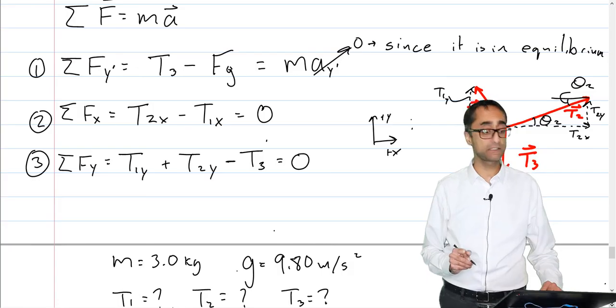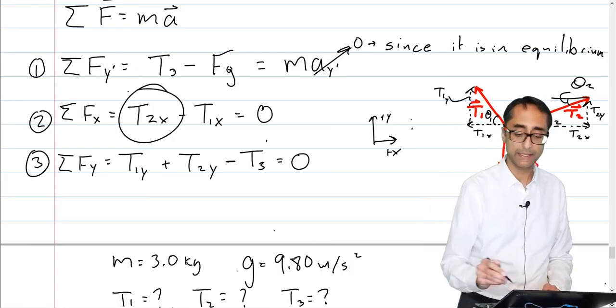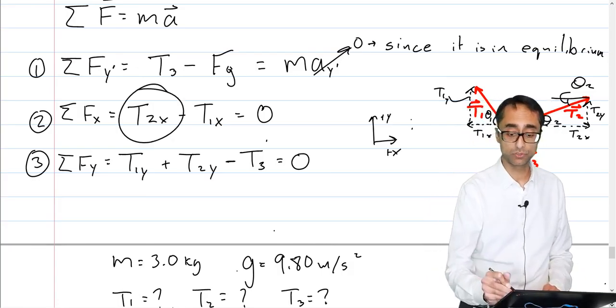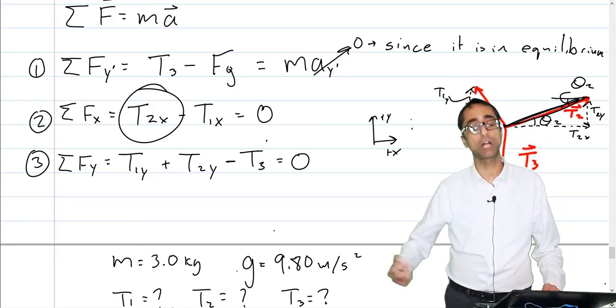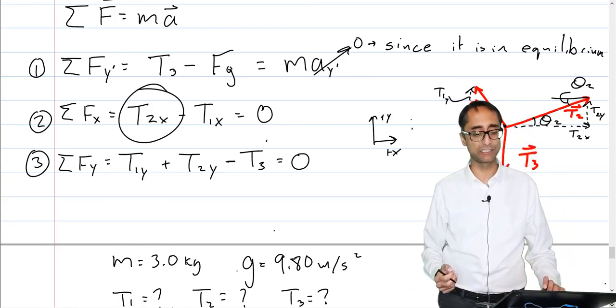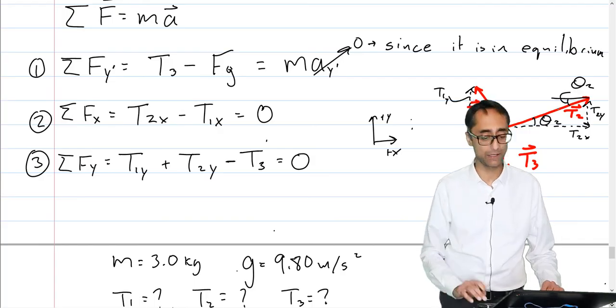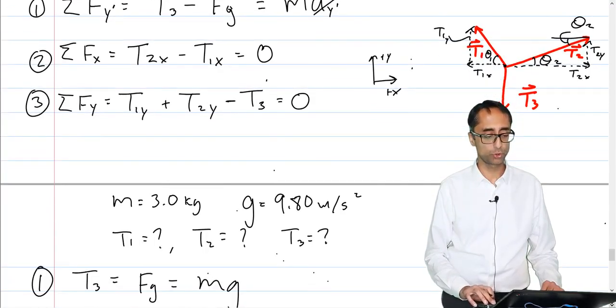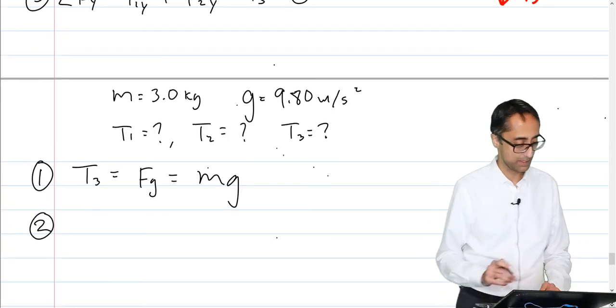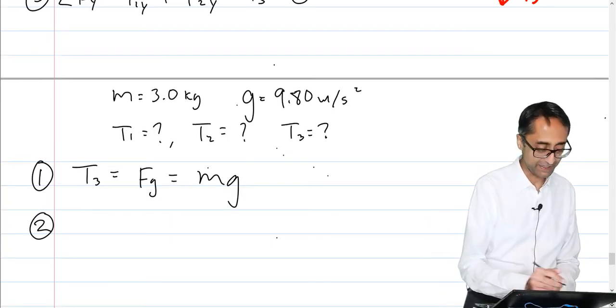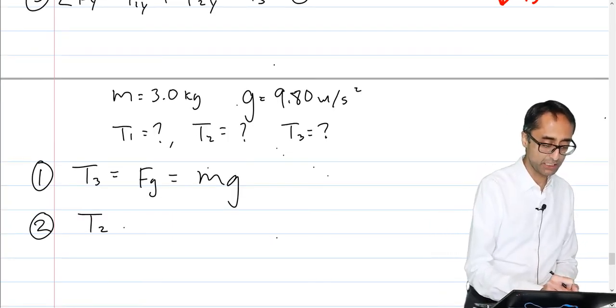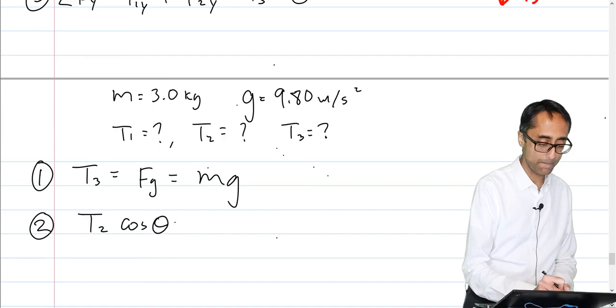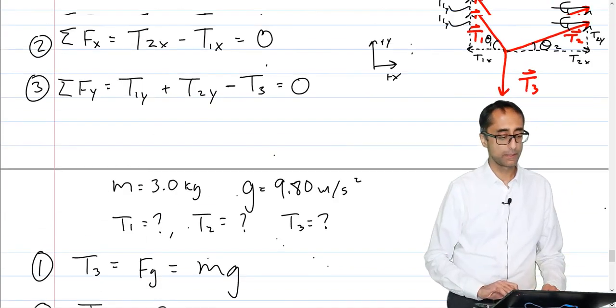Okay, what that means for us is that T2x is just going to be equal to the hypotenuse, T2, multiplied by the cosine of theta 2, since it's the adjacent side to the angle. Again, trigonometry you should be used to by now. And so in our second equation, instead of writing T2x, I write T2 cosine of theta 2.